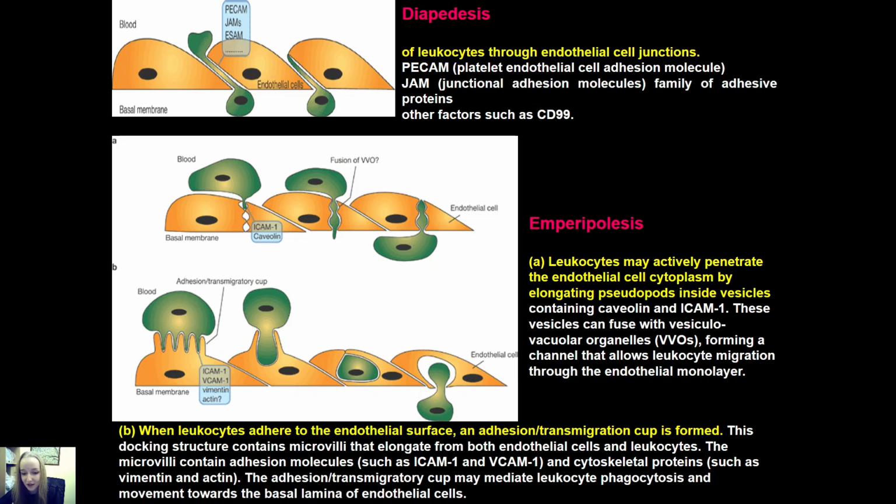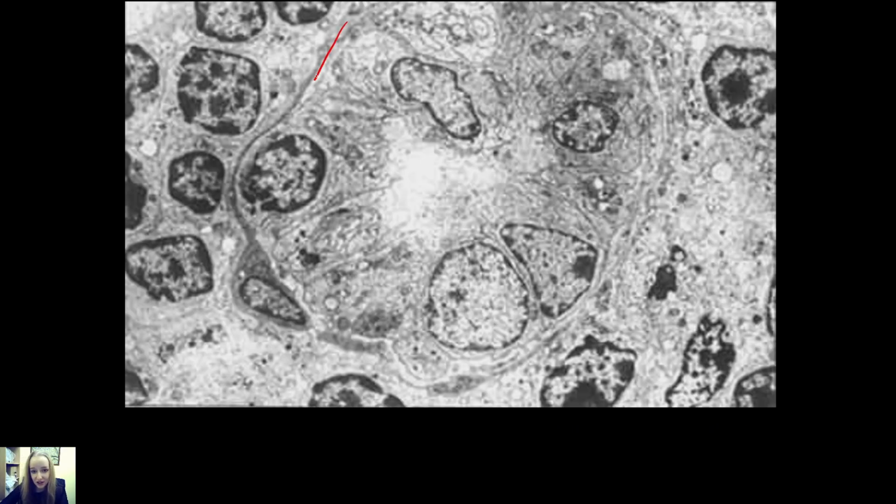And next we have a nice picture from an electron microscope. This is an electron microscope image of a high endothelial venule. So these are endothelial cells, and they look very different than normal endothelial cells.